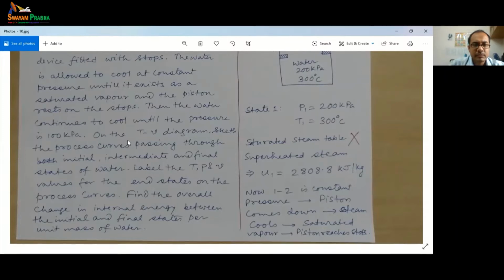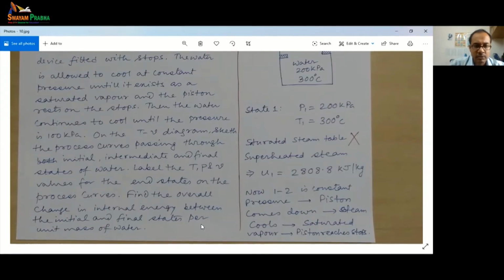Okay, now what you need to do, on the Tv diagram, temperature specific volume diagram, sketch the process curves passing through the initial, intermediate and final states of water. Okay, 3 states we have figured out, and you have to label the volume values and everything.